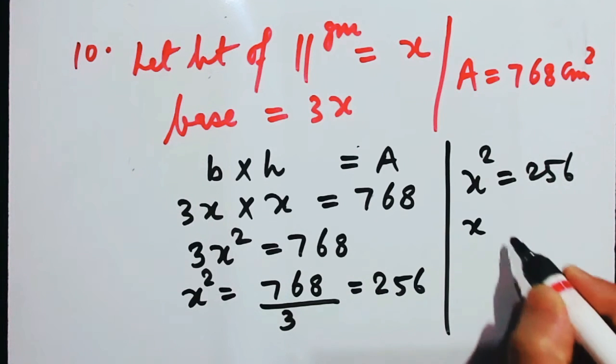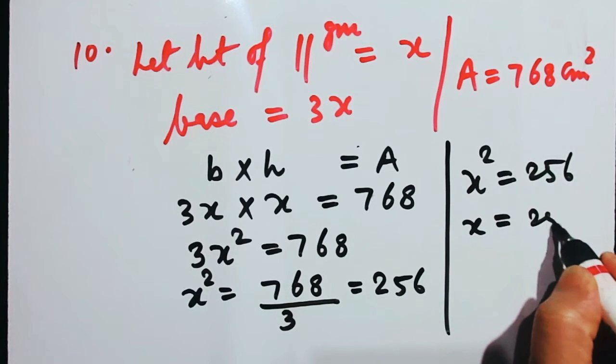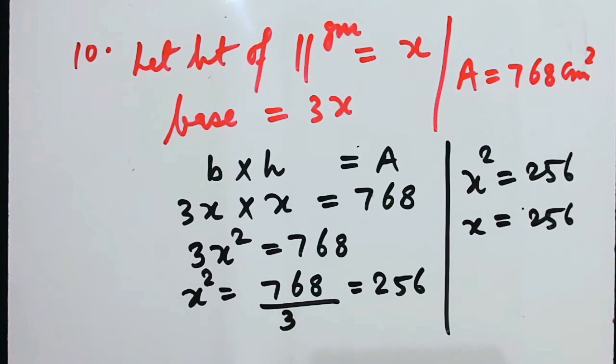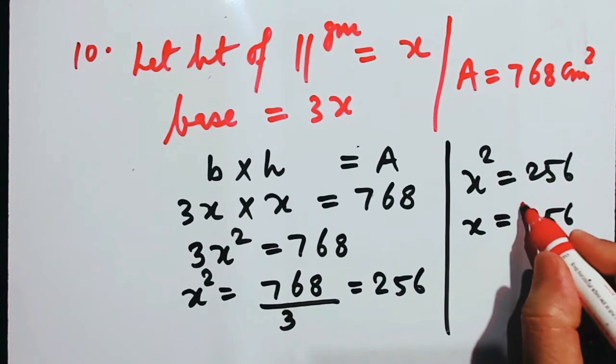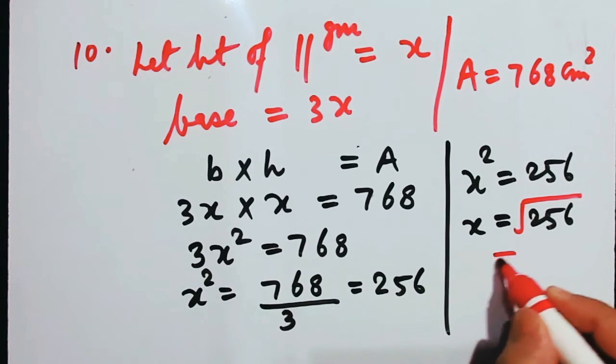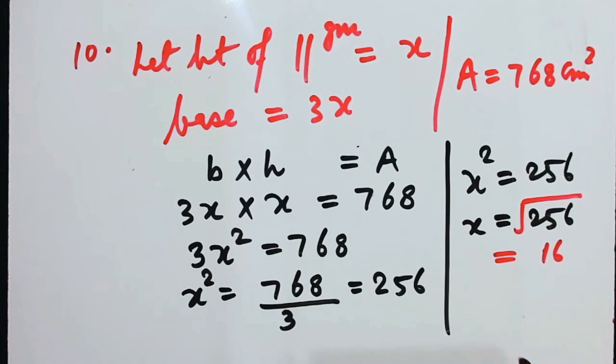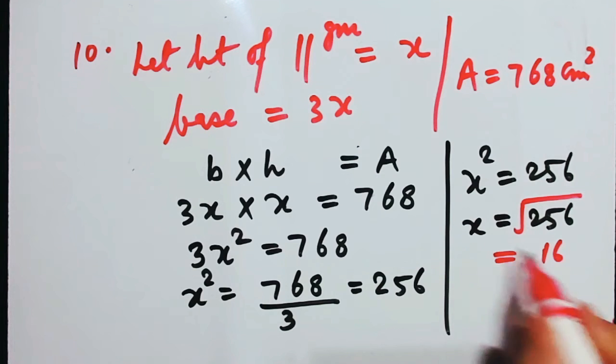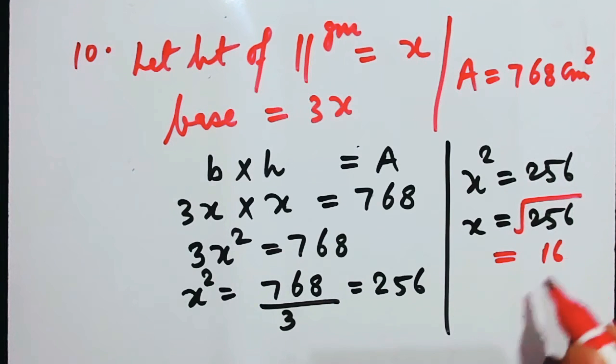Therefore x will be equal to the square root of 256, because this square will move to the other side and get converted to root, and you well know that the square root of 256 is equal to 16.